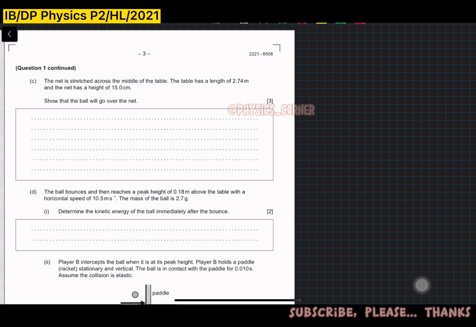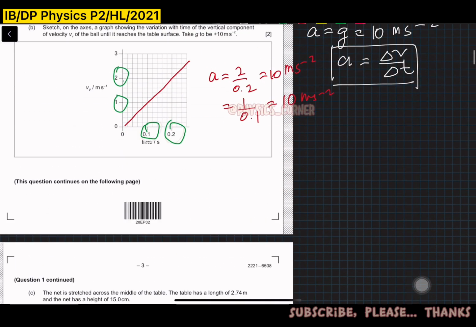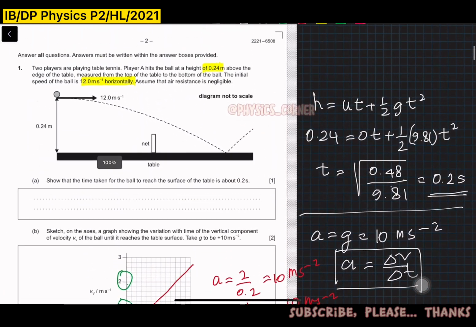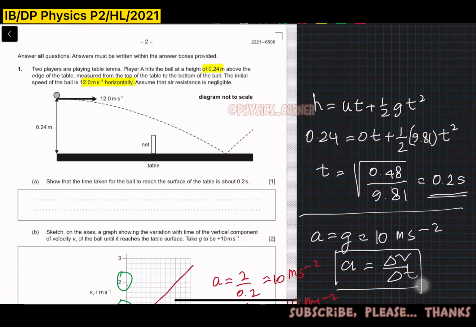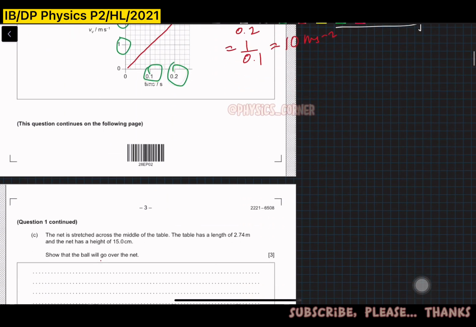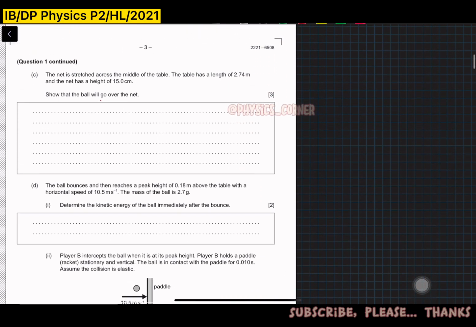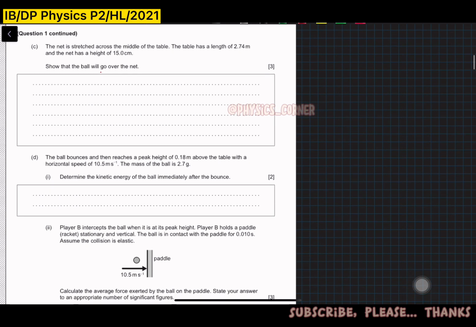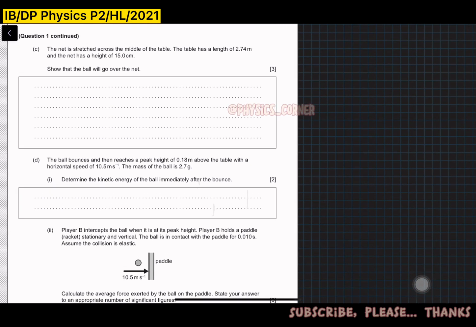So maybe we will find the height, or we find the distance. For the ball to go over the net, we need to find this one.